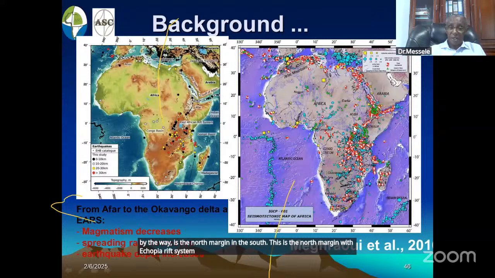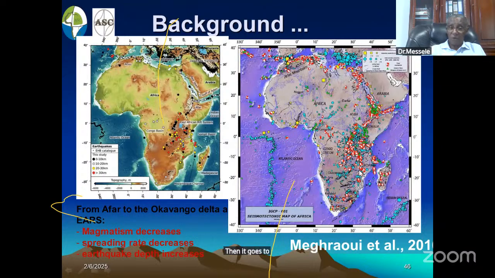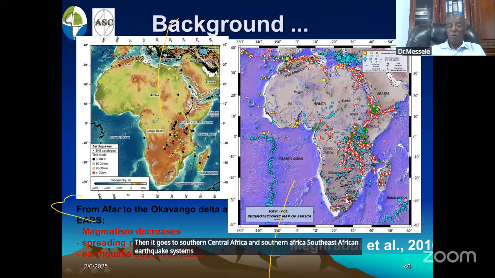Then there is another which is off-center, touching, like you remember the Juba earthquake, which was 7.2. Then it goes to southern Central Africa and Southern Africa, the South East African earthquake systems through to Malawi and also South Africa.